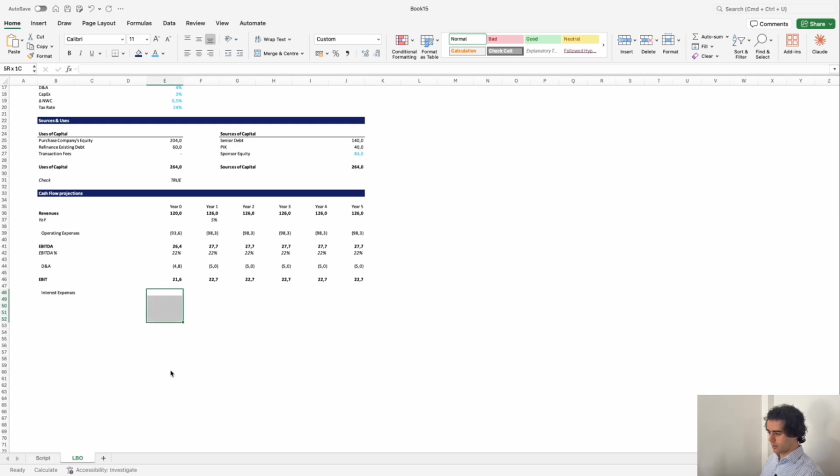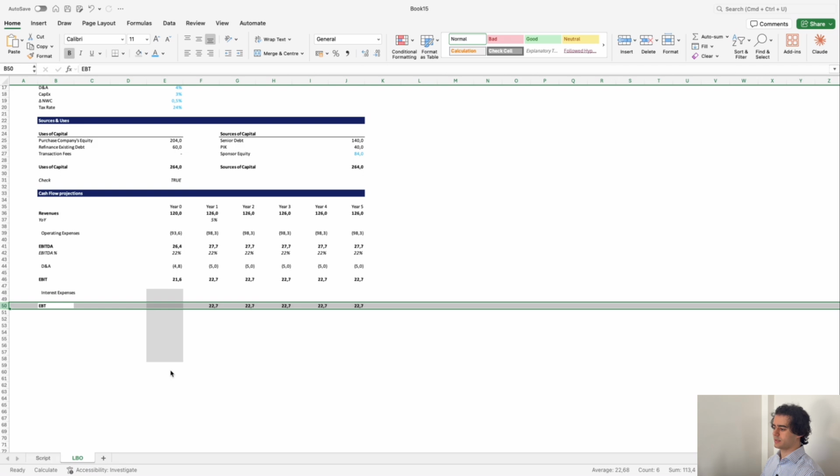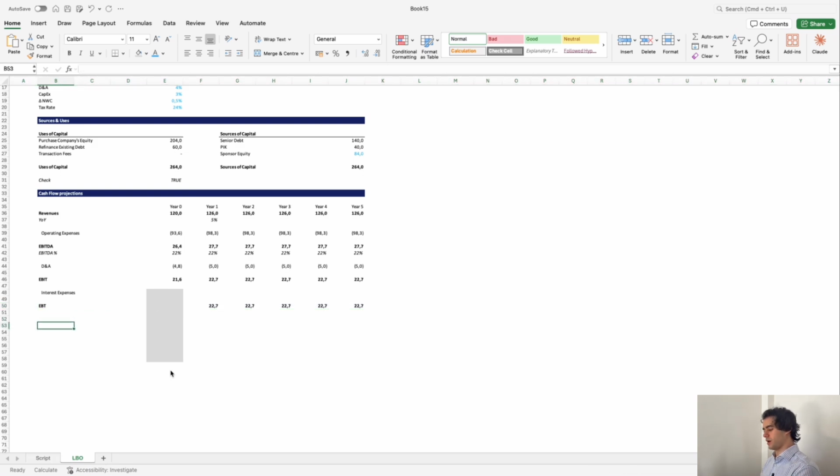So we will leave this part blank, and we will proceed with EBT, so pre-tax income, which will be calculated as the difference between EBIT and interest expenses. For the interest expenses, we first need to calculate our free cash flow and our debt schedule, and only from there we can calculate how much expenses we have over interest.